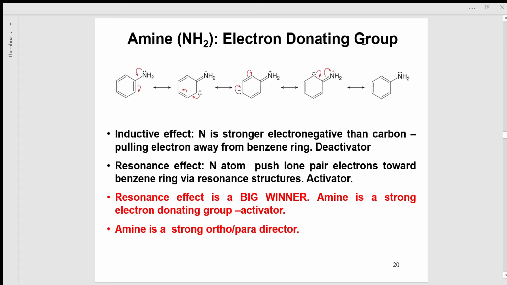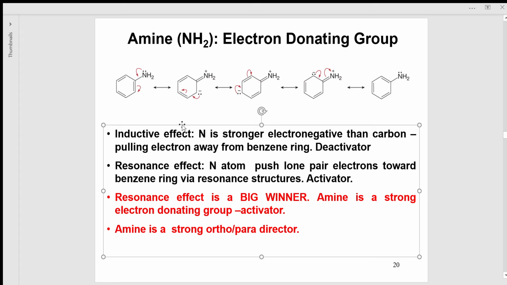If you want to know whether a group, either amine or something else, is electron donating or electron withdrawing, you only need to analyze two effects. Again, two effects: the inductive effect and the resonance effect. Then you can draw your conclusion.